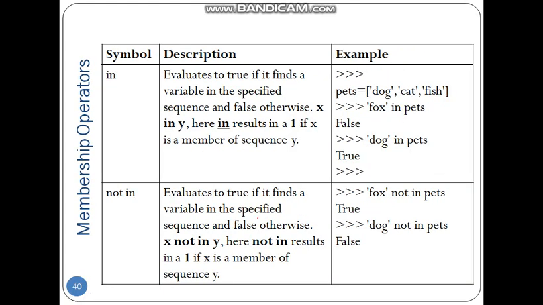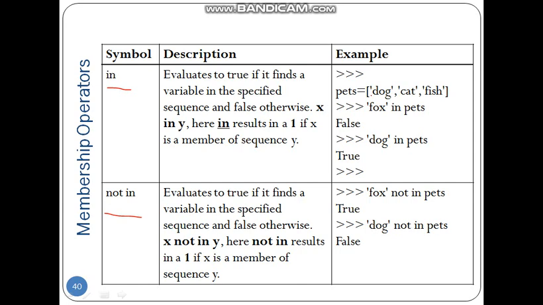Now let's see the membership operators. Membership is checking whether that particular value is there in the given list or something. The membership operators are in and not in. Let's see that. pet equals, in the square brackets, three values: dog, cat, fish.